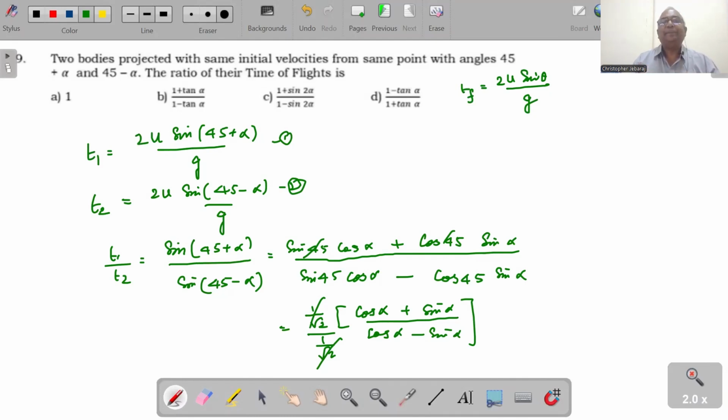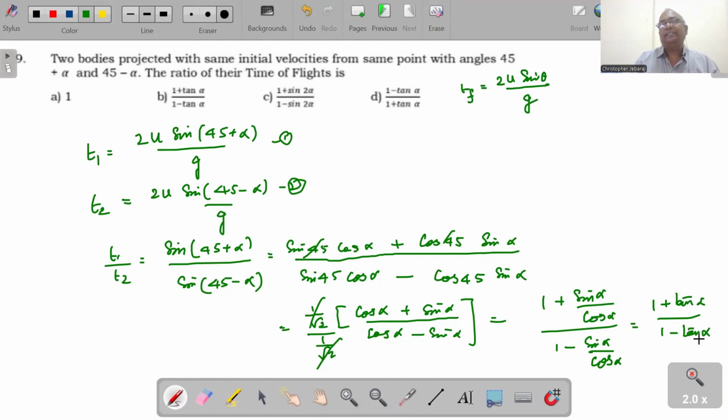Dividing by cos alpha, the numerator becomes 1 plus sin alpha by cos alpha, and the denominator becomes 1 minus sin alpha by cos alpha, which is nothing but 1 plus tan alpha divided by 1 minus tan alpha. This is the answer.